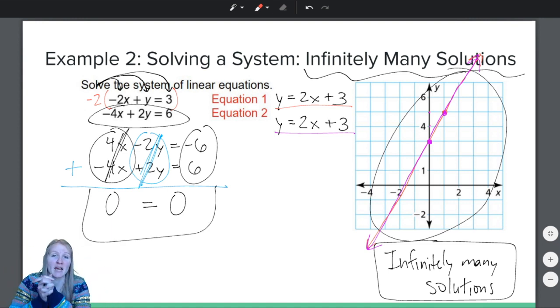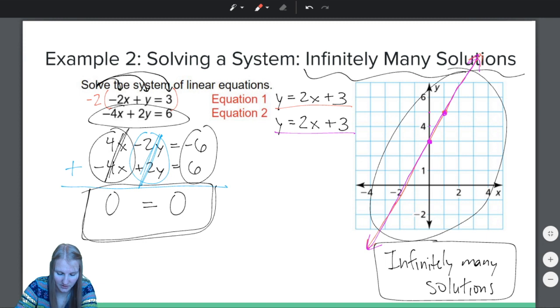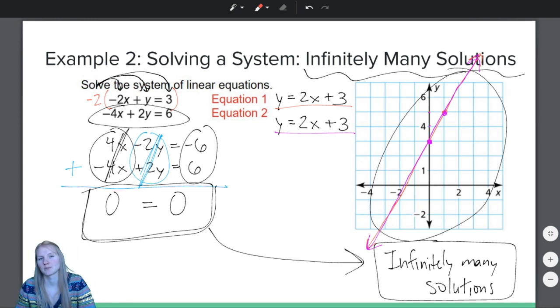Think back to chapter 1 when we looked at solutions of linear equations, not a system, outside of a system. When we got some equation that was always true, like 0 equals 0, that is a true statement, it means that we have infinitely many solutions.